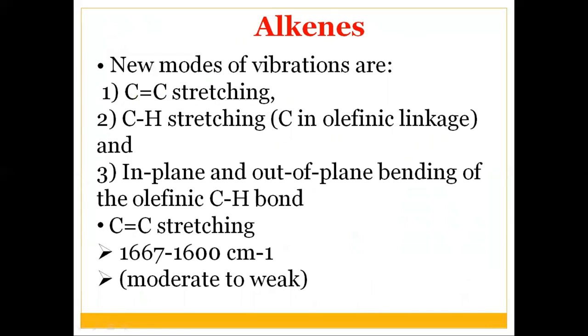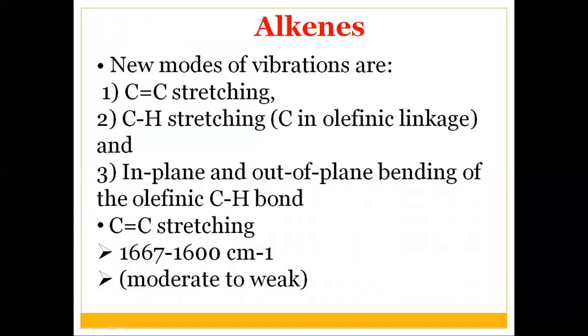In case of alkenes, there will be two types of vibrational modes, or three types you can say. That is carbon-carbon double bond stretching, carbon-hydrogen stretching, that is CH stretching, and in-plane and out-of-plane bending of the olefinic CH bond.